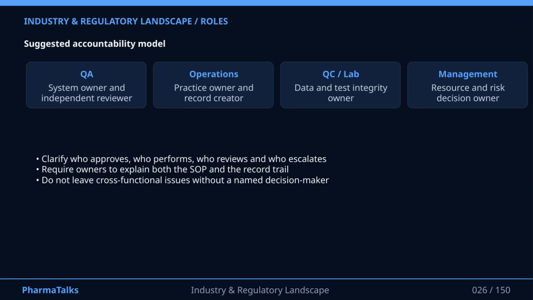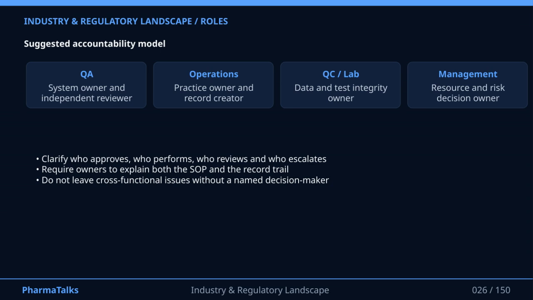Meanwhile, operations includes a practice owner and record creator, meaning they're directly involved in executing tasks and documenting them accurately. Quality control in the lab function as data and test integrity owners, responsible for the accuracy and reliability of testing results. Management oversees resources and makes decisions related to risks, ensuring the organization is properly supported and protected.